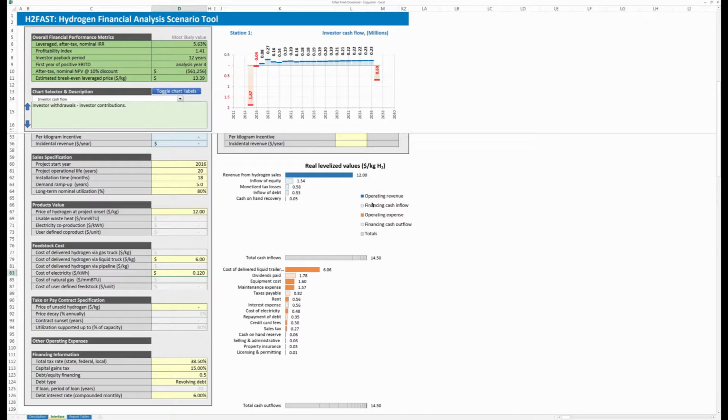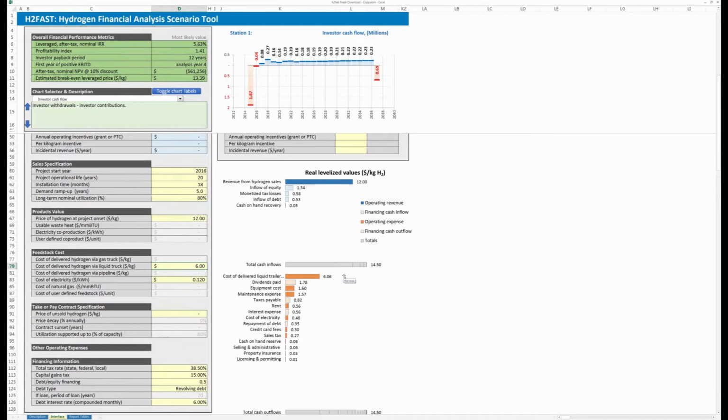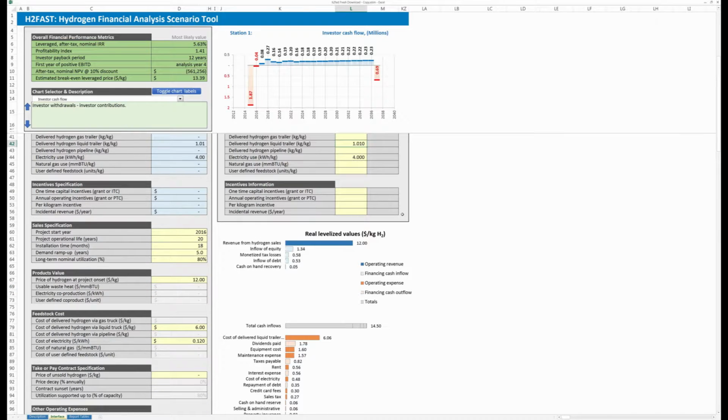The Pareto chart that's down here is going to tell us that, not surprisingly, the revenue per kilogram of hydrogen is $12. We're not going to worry about the financial cash flows, but the cost of delivered hydrogen. Notice that it says $6.06, but we specified $6. That has to do with that boil off. We had to purchase some additional hydrogen in order to account for boil off.